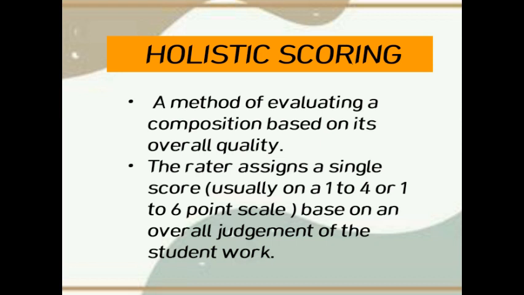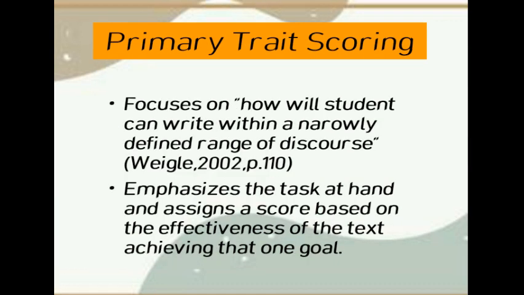A second method of scoring is primary trait. This method is not commonly used, and maybe the majority of us found this unfamiliar. Now, primary trait scoring focuses on how well a student can write within a narrowly defined range of discourse.